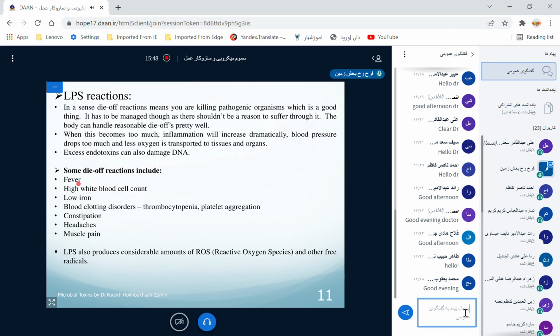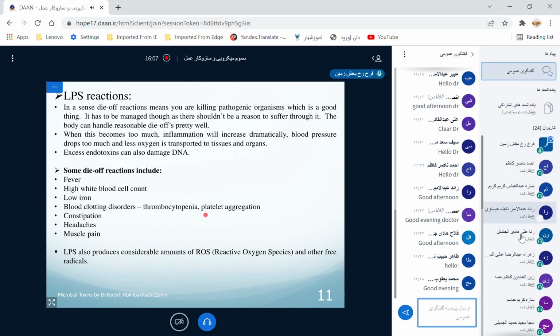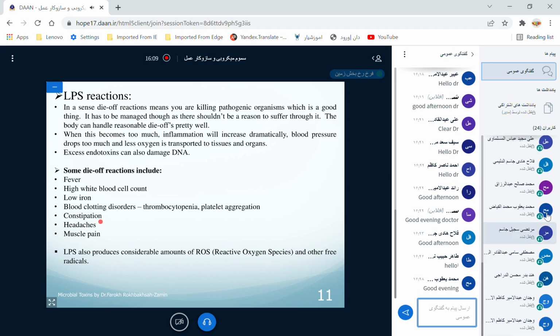We feel fever, high white blood cell count, low iron, blood clotting disorders, thrombocytopenia, platelet aggregation, constipation, headache, muscle pain.